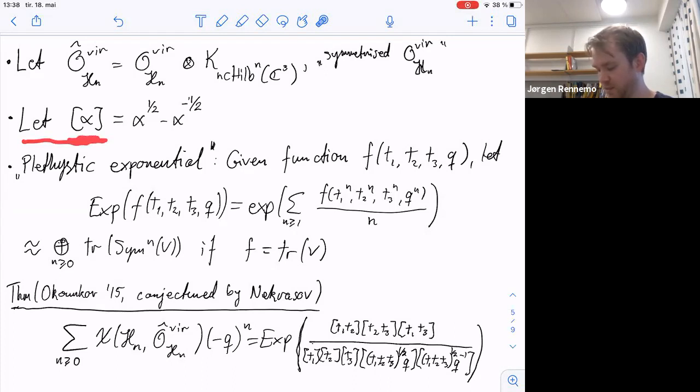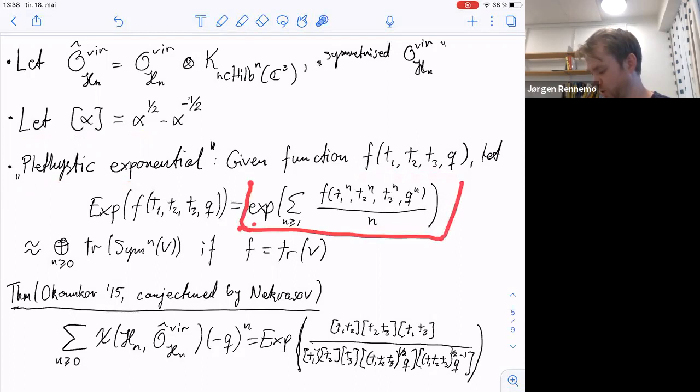Then there's just a matter of notation which saves some space. Square brackets just means square root minus inverse square root. These formulas tend to have lots of these expressions going into them. In order to phrase the theorem, one needs the notion of the plethystic exponential, which has a direct definition: given any function, the plethystic exponential is defined by this formula.